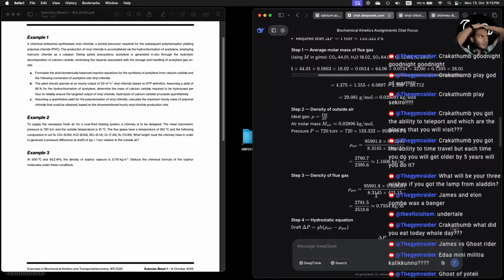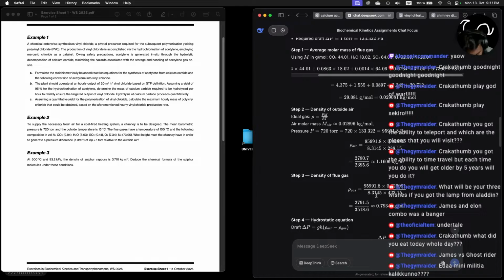What is this? R is 1 point. Flue gas, density of flue gas.